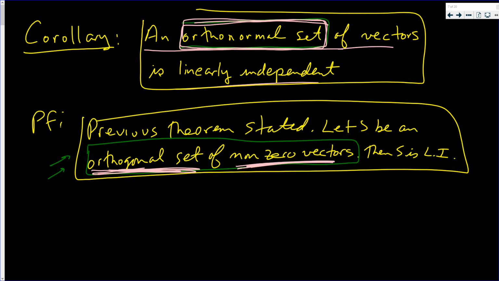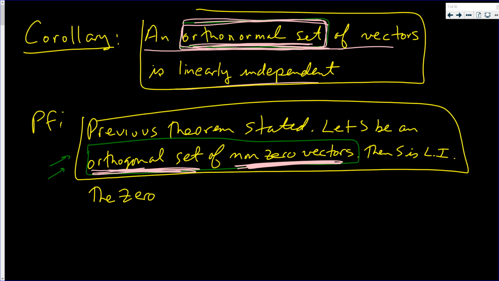So you have non-zero vectors. An orthonormal set doesn't have 0 vectors because the length of a 0 vector is 0, which is not 1. Okay. So what we have is this.